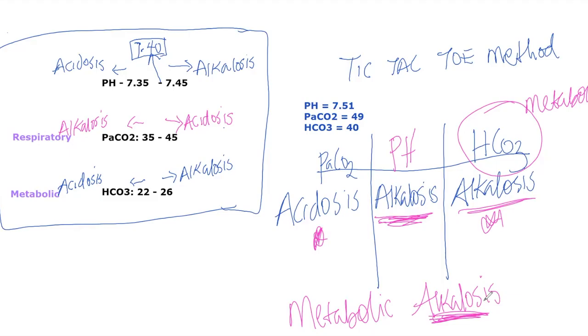That's why the body is going into this basic alkalotic state. So our PaCO2, which is our respiratory, is trying its best to compensate, to pull the body back to an acidotic state. You can see it's moving from its normal range to the acidotic side, but we still don't have a complete compensation. We're going to talk about compensation later on, but I want us to do a couple more examples of this.